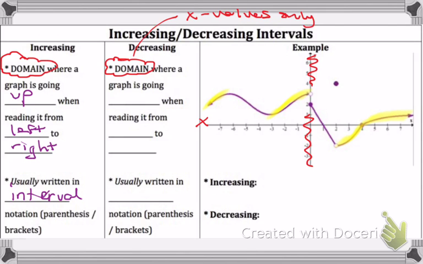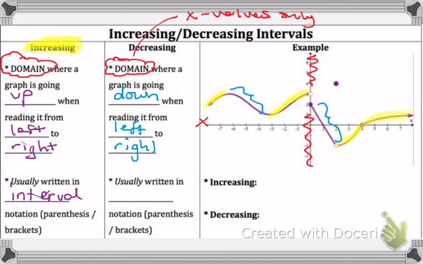Okay, so decreasing is going to be where the graph goes down when reading from left to right. That's going to be this space right here and this space right here. Increasing was this one.